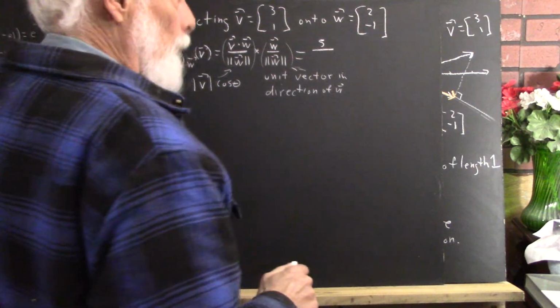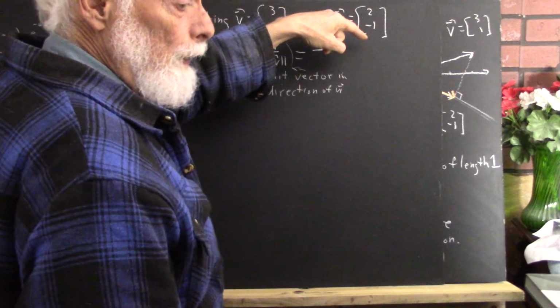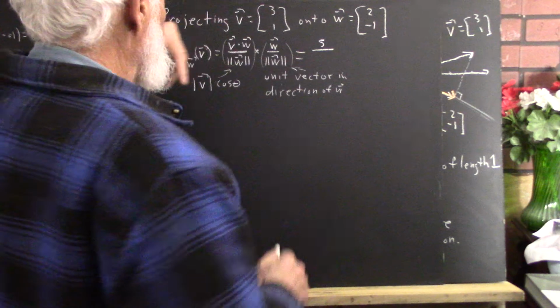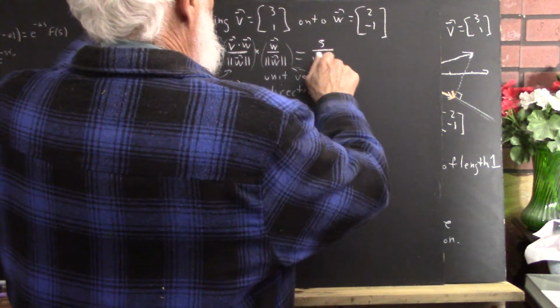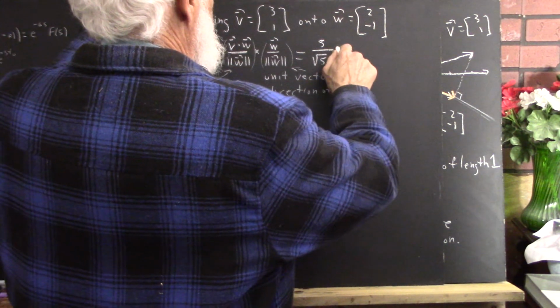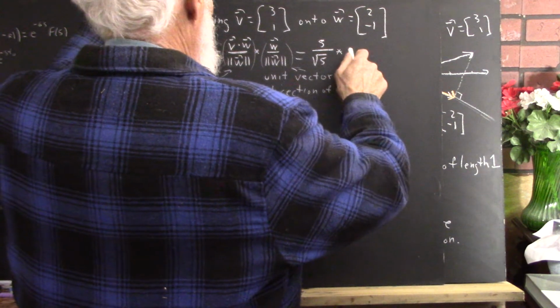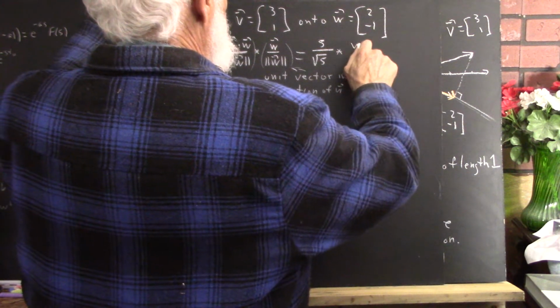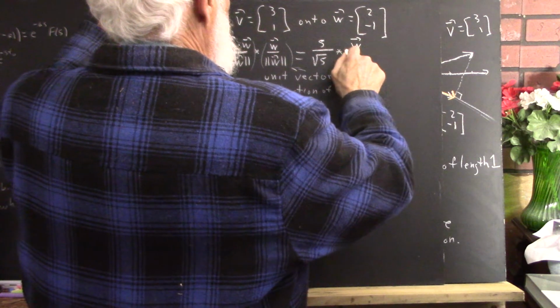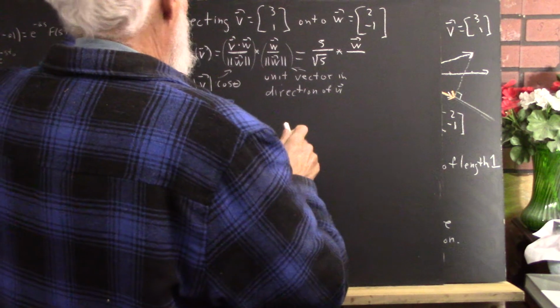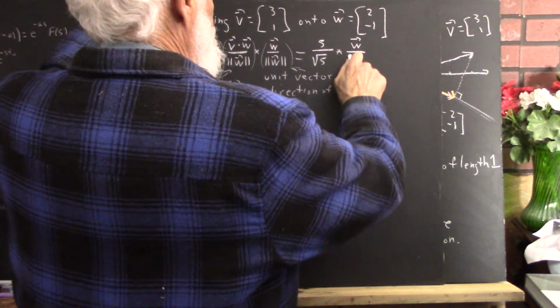Magnitude of W, Pythagorean theorem, 2 squared and negative 1 squared gives us 4 plus 1, which is 5, so we have the square root of 5. And then we have W over the magnitude of W, which is square root of 5.